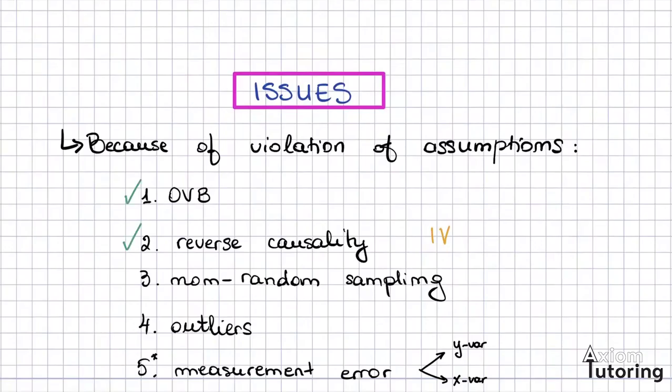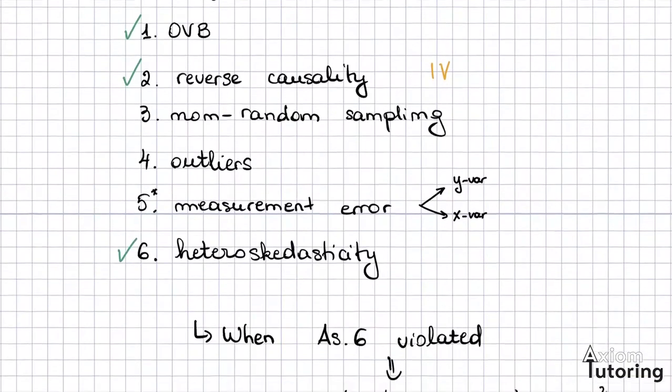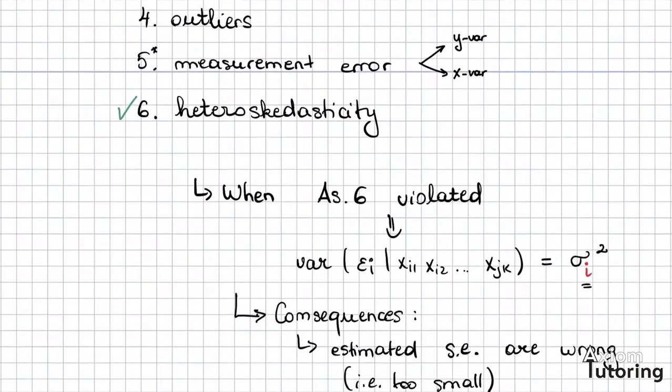We saw the solution to reverse causality, which was using the instrumental variable or the 2SLS procedure to get actual estimations that we could trust. We have seen heteroscedasticity, when assumption 6 was violated and the variance was changing according to the element. So we had to use robust standard errors, and we showed an actual application of that in R.